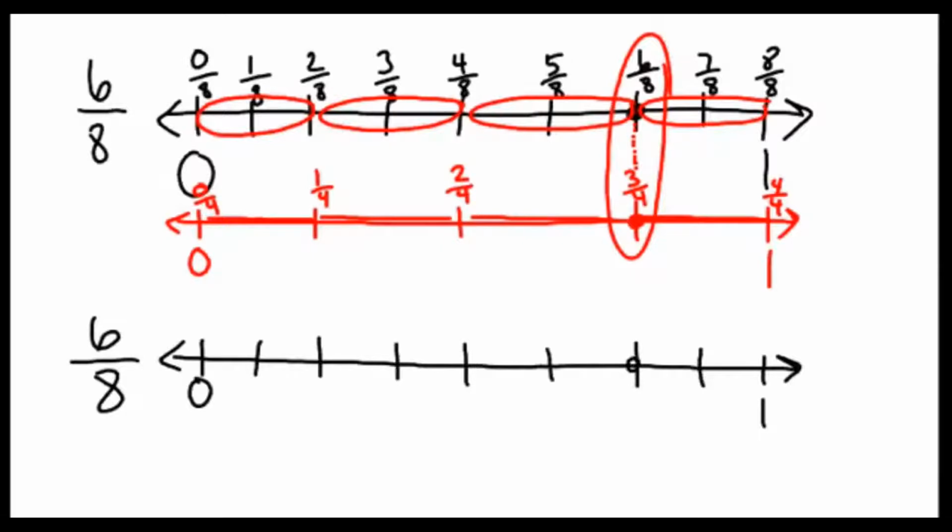What if we divide each piece in half? In the first example we took each 2 together, but what if we divide each piece by 2? After 0, we divide each piece into 2 pieces. 1, 2, 3, 4, 5, 6, 7, 8.